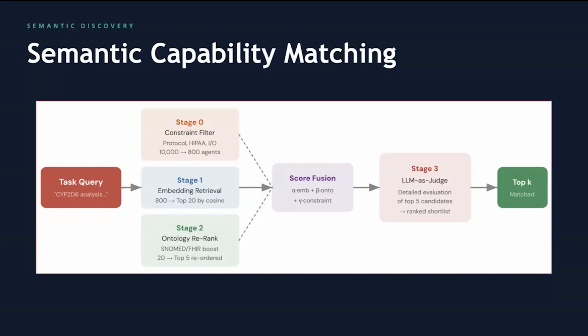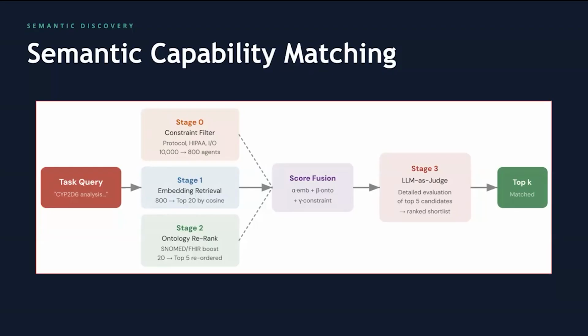That happens at the top. Then you use an ontology for re-ranking when you're trying to do the subsumption resolution. And you bring all these scores together and create a reciprocal rank fusion type score fusion approach, whatever you'd like there. And then finally, you have an LLM as a judge, which is really important for deep reasoning and only on the final shortlist to give you the top K match.